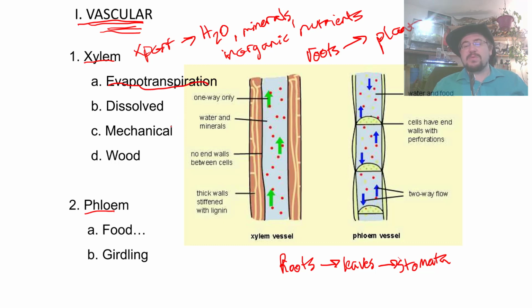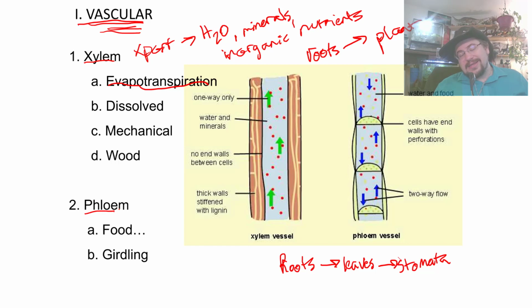The transpiration is when we're doing our gas exchange, and evaporation increases the rate of water loss during transpiration. So, having your stomata open increases the rate of water loss.